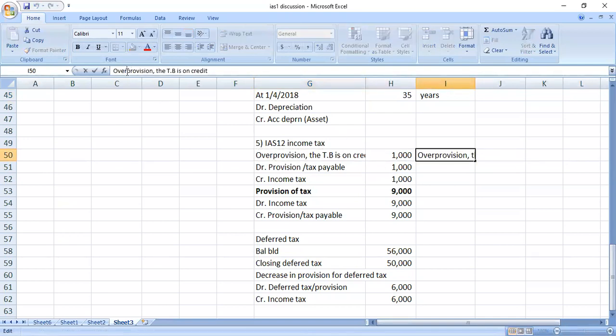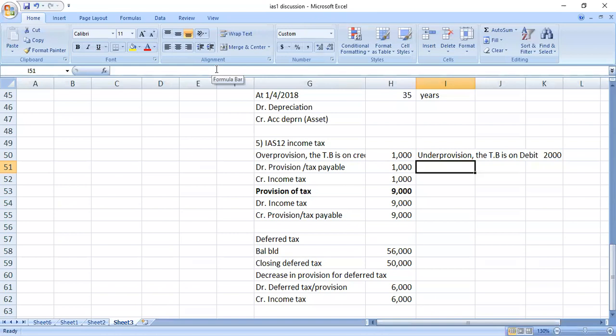You have an under provision. Under provision, we are saying the trial balance would be on the debit. You will have a debit balance. So assuming the figure is different, 2,000. The entries would be that you want to remove it. Since it's a debit, the first thing is credit.